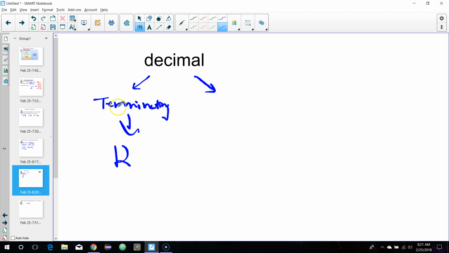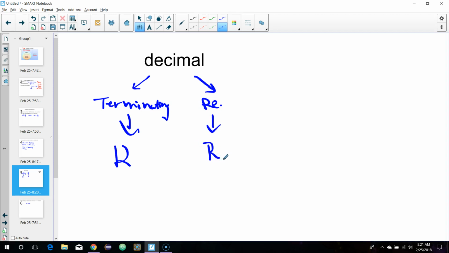Then you go into: is it repeating? Cannot write, this is just bad, so I'm just going to say it out. Is it a repeating decimal? If it's going to be repeating, then it's also a rational number.